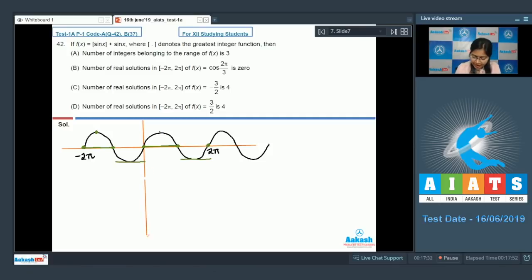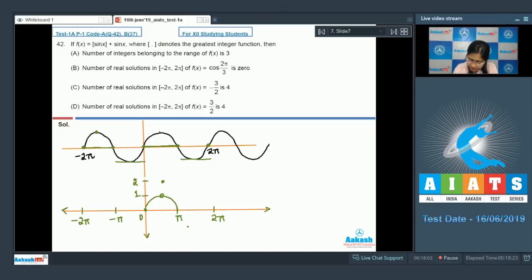Now if we add these two functions very carefully, we have to make the graph of f(x). So let's say this is 0, pi and 2 pi. Here it is minus pi and this is minus 2 pi. So here the value will be like this, but at pi by 2 the value will be 2, where this is 1, right?